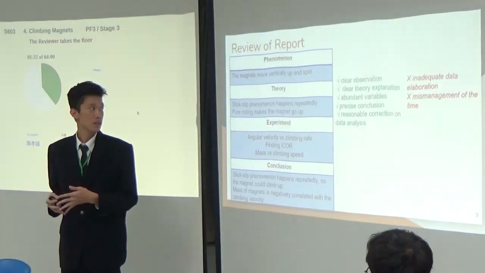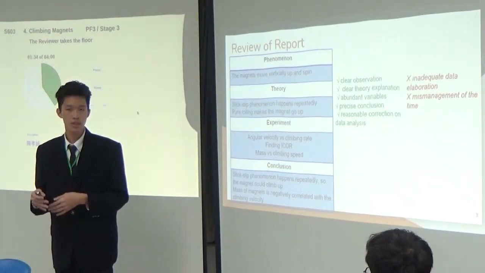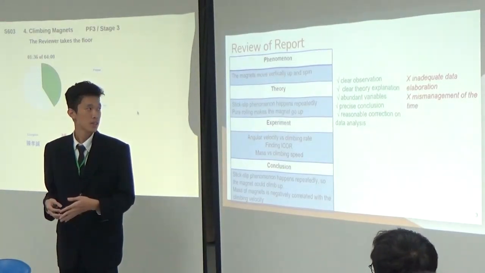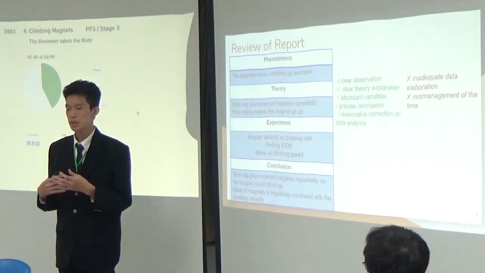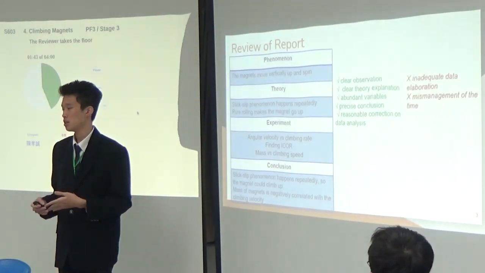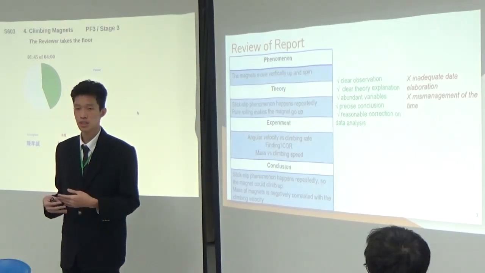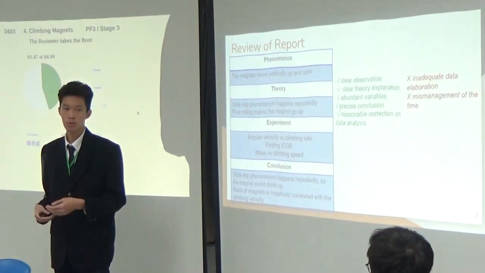We think that the reporter gives a very clear theoretical explanation of the phenomenon. But our suggestion is that he can spend more time on discussing the experiment data and also compare the theoretical data with their experimental data.